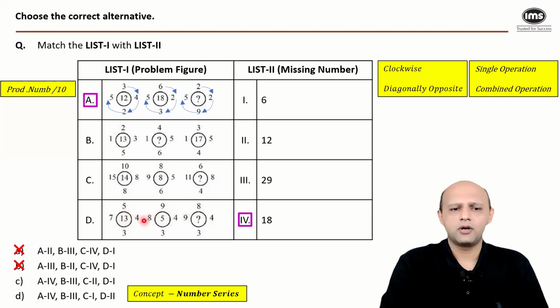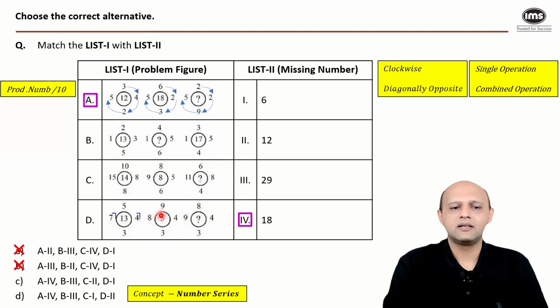Even if you go ahead with the product, you will realize that this is 20 times 21, which is 420. And this product is again something that will not help you establish a similar relation with the number at the center. Okay, so how much is this? This is 36 into 3, which is 108. And 108 into 8 is 864. So going clockwise here is not really working for us.